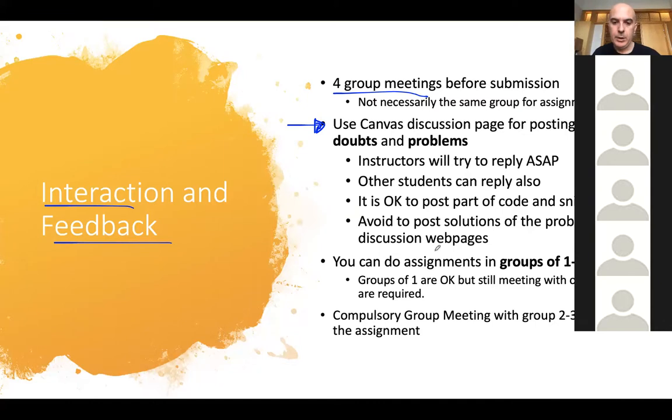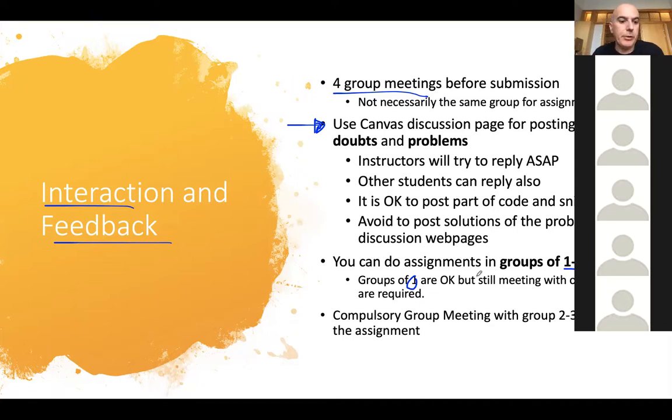The assignments are done in groups of 1 to 3. So groups of 1 are okay. But what I want to point out is that I would really like to have interaction with the other students, right? In a group of 2 or 3. So before each assignment, we will need to meet with other people.